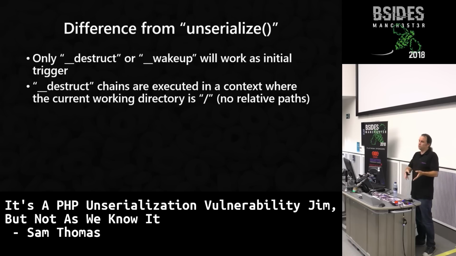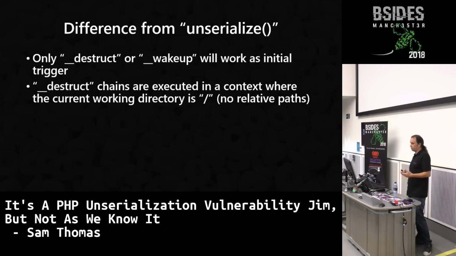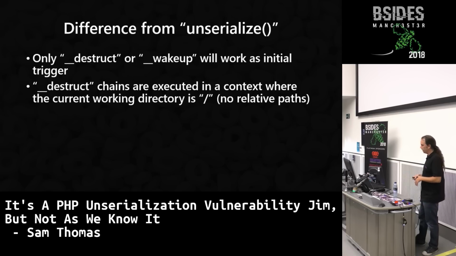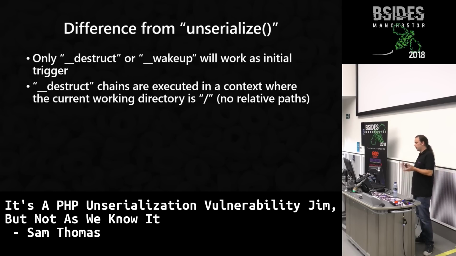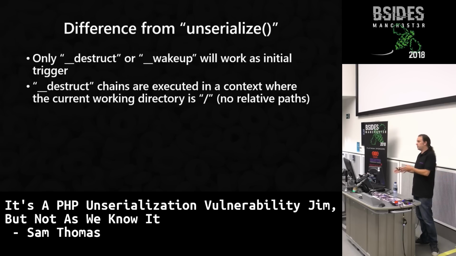For instance, there's one called toString, so we could try and trigger a chain that way. In this case, the application's not really had any intention to unserialize anything, so we only have destruct and wake up to start our chain from. And there's a quirk that means within a destruct chain, we've lost the current path, so any file operations we do within that chain, we need to use absolute paths.